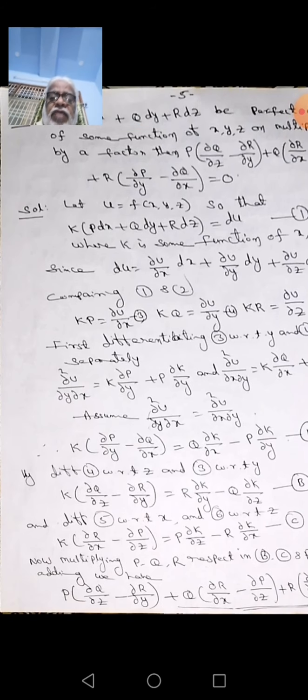That is B. Like that, differentiating the fifth with respect to x and the third with respect to z. 4, 5.